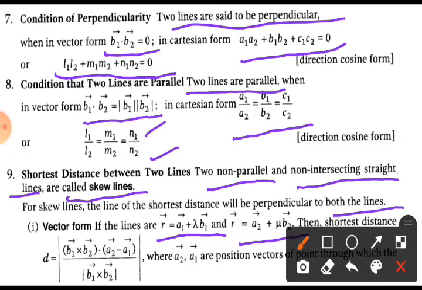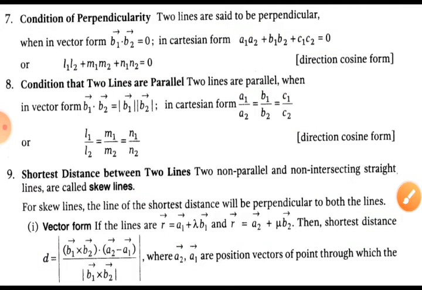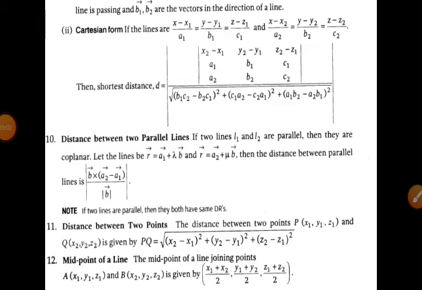Then the shortest distance d is equal to the modulus of b1 vector cross b2 vector dot product of a2 vector minus a1 vector, divided by modulus of b1 vector cross b2 vector, where a2 vector and a1 vector are position vectors of the points through which the lines pass, and b1 vector and b2 vector are the directions of the lines.